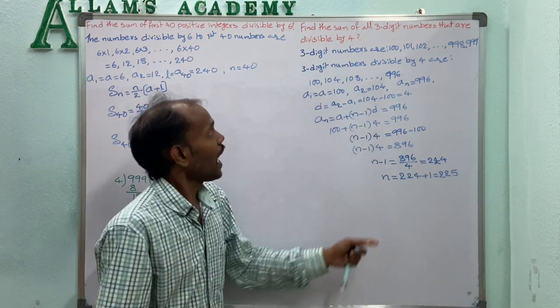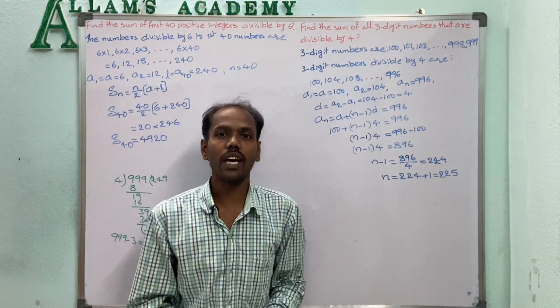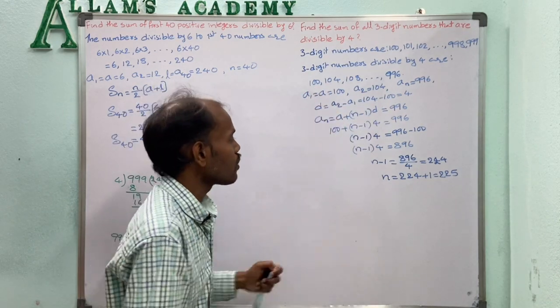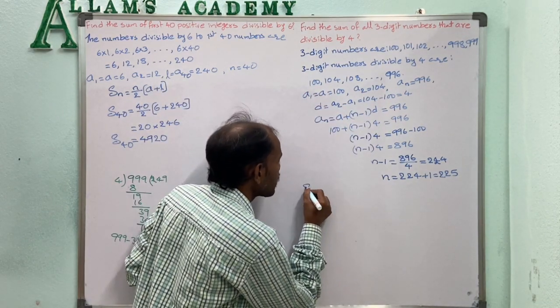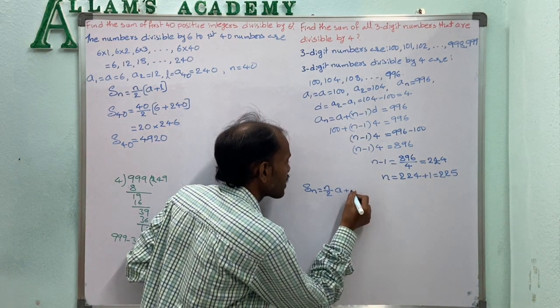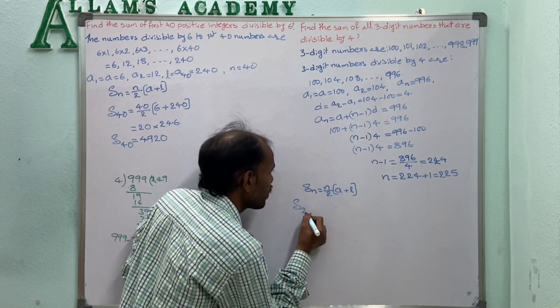So from 100 to 996 there are 225 terms. Now here the first term and the last term we know. So the sum of the numbers, Sn, we can apply the formula n by 2 into (a plus l). Here n value is 225.